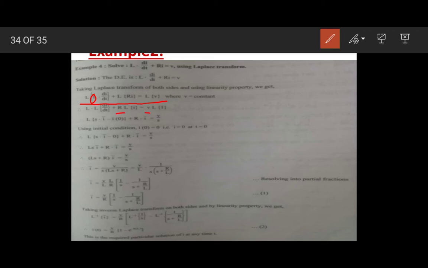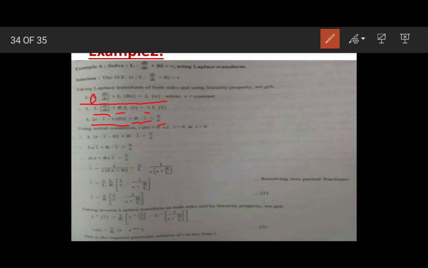Okay. Now Laplace transform of di upon dt is s into i bar minus i0, plus R Laplace transform of i, which is i bar, that is equal to V upon s.